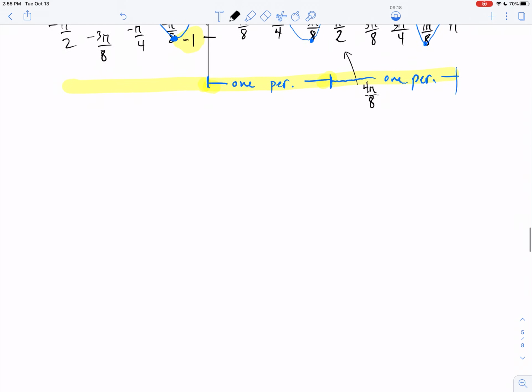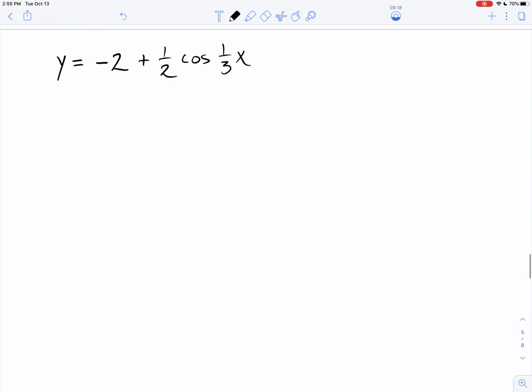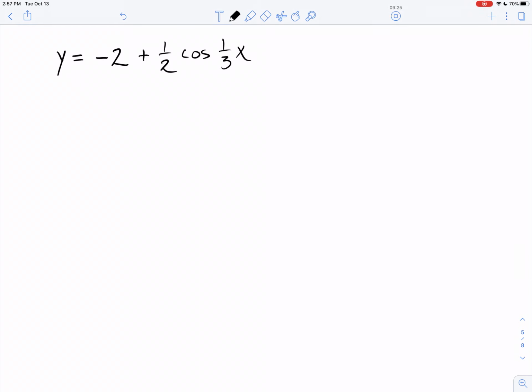So let's do another. Let's take a look at this one, because this one is a cosine graph. Let me ask you, I have 3 numbers, -2, 1/2, and 1/3. Which one of these numbers will affect my period?